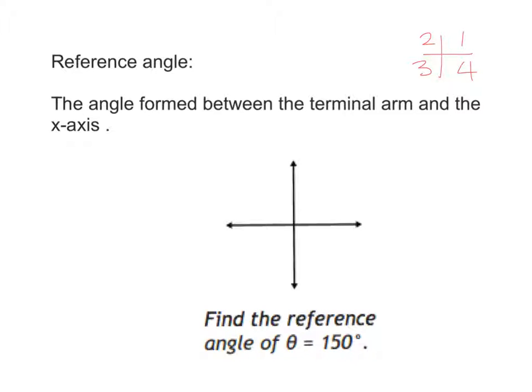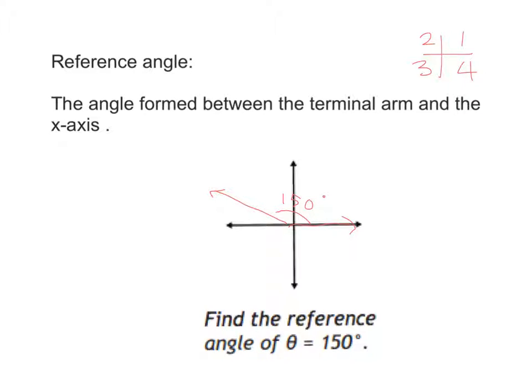So it's going to be in quadrant 2. It's somewhere around there. There's an angle of 150 degrees. Again, it's approximate. The reference angle is the angle between the terminal arm and the x-axis, whether it's the positive or the negative x-axis, whichever one's closer.